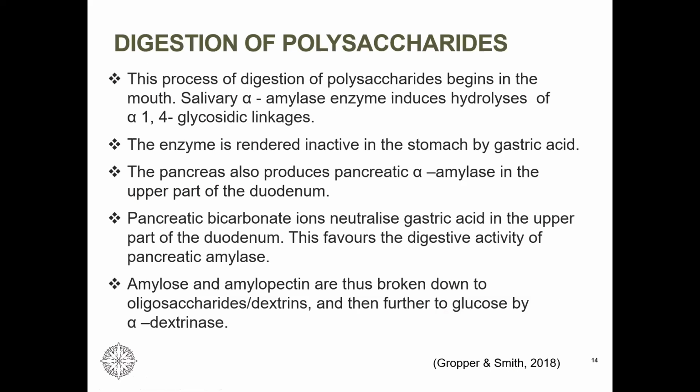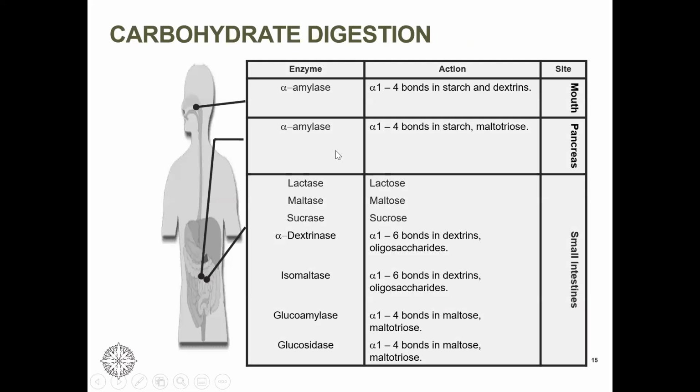So we all recall that digestion actually begins in the mouth, where we have amylase enzyme. Then we have pancreatic amylase in the duodenum, followed by amylose and amylopectin breaking down into oligosaccharides. So the main aim is that before reaching that brush border, we have monosaccharides so that the intestinal cell can absorb them.